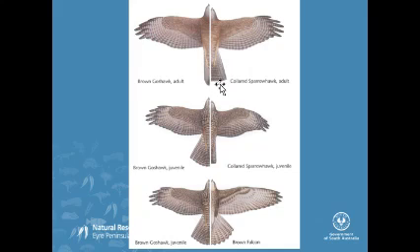The brown falcon, so it's got a bit more white on its neck as well. Yeah, the brown falcon, very different behaviour, very different wing pattern, and you see it in different parts of the habitat. You will see them hovering.